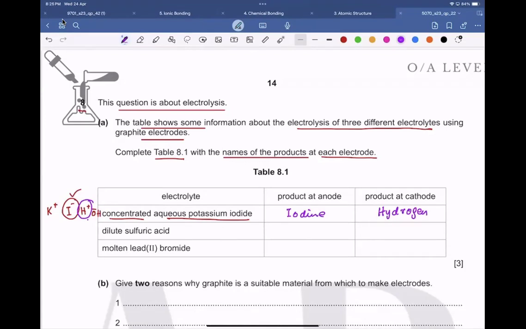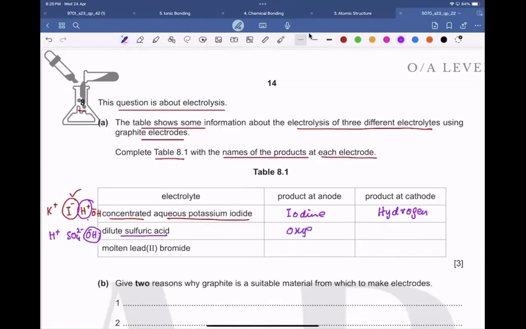Okay, now we have dilute sulfuric acid. So sulfuric acid has hydrogen ions, right? Sulfate ions and hydroxide ions. So we know in the presence of sulfate ions, always the hydroxide ion undergoes discharge. And whenever the hydroxide undergoes discharge at the anode, oxygen is formed.